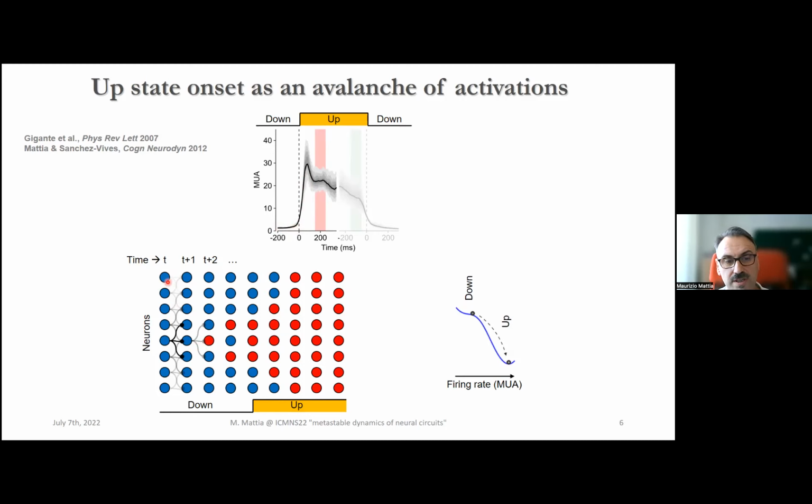Now, imagine that these are the single neurons of a cell assembly we are sampling, and whenever one of them by chance starts to fire, this red one, it will deliver this activity through synaptic transmission to others, and then a chain reaction starts. This is the reason why you have this very stereotyped and sudden transition from down to up, which under mean field description, as discussed before, can be represented as a downhill pathway from the down state towards the up in this bistable dynamics.